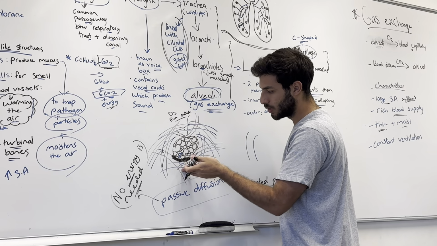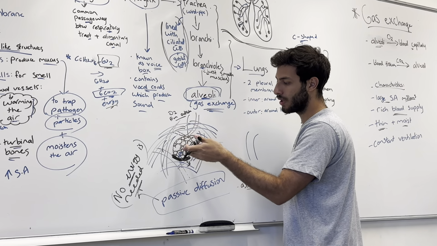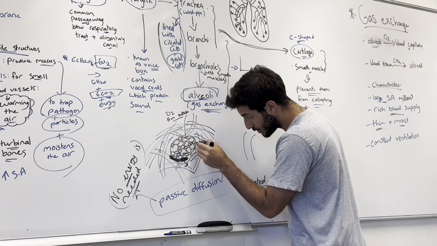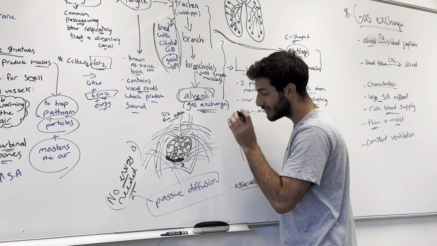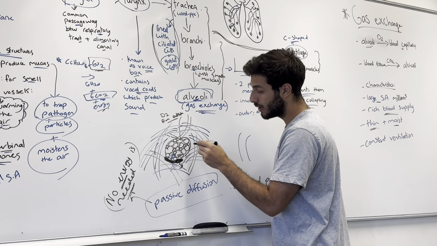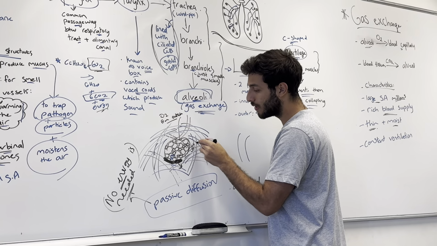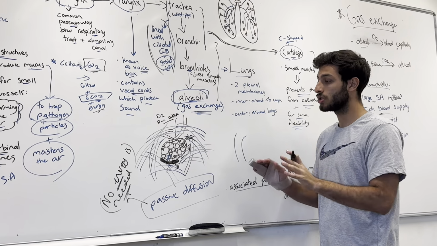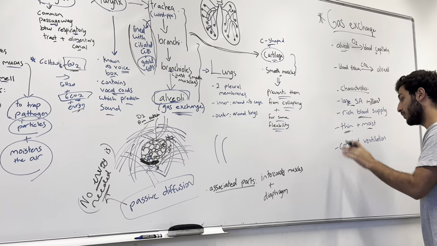And same thing for the CO2 to cross from the blood capillaries into the alveoli, it needs more time to cross that thick layer. However, if it was just one cell thick, that means it's a very thin layer. O2 can easily leave and CO2 can easily enter, making this exchange process super fast. So that's another important note.